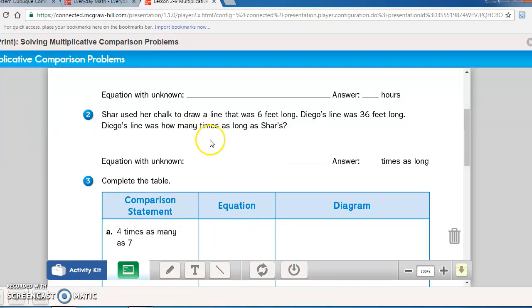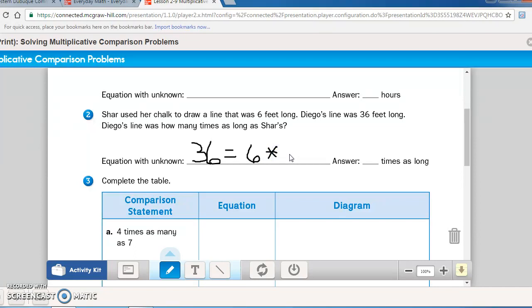Well, if we look at that, we know that Diego's line was 36 feet. So that's our answer of this equation, 36. And we also know that Shar's line was 6 feet long. And they want to know how much longer is Diego's than Shar's.